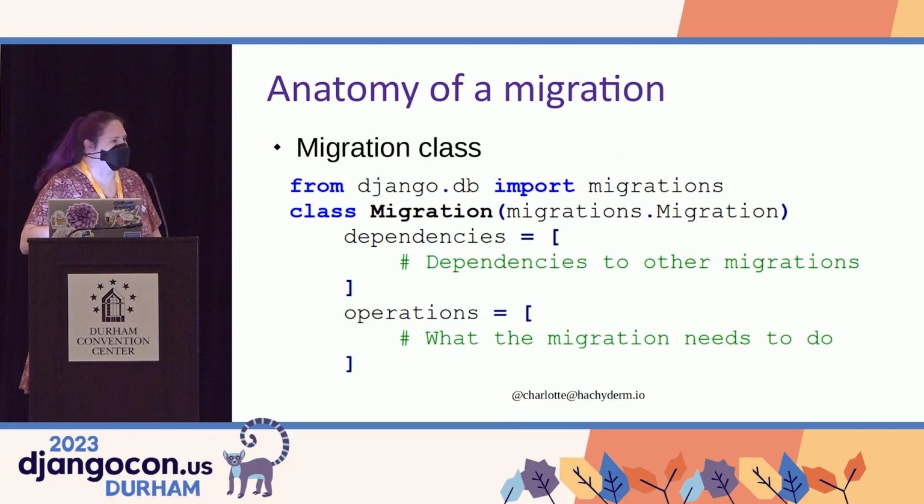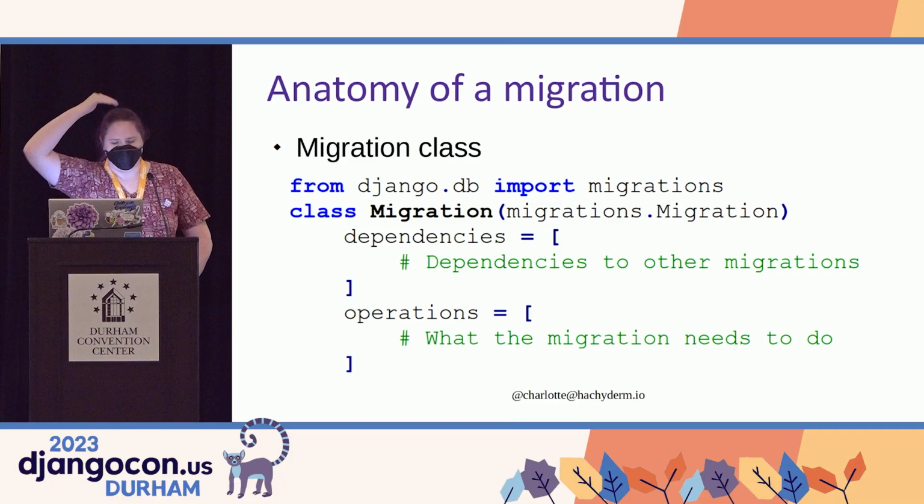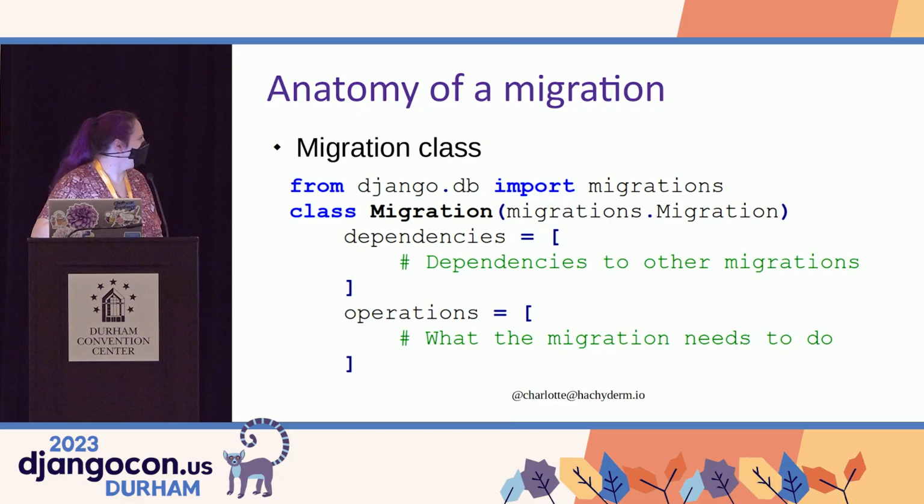This is what that's going to look like. It's just your import from django.db and then creating that class. And dependencies and operations are just simple lists, just like a lot of other Python code that you will have seen.